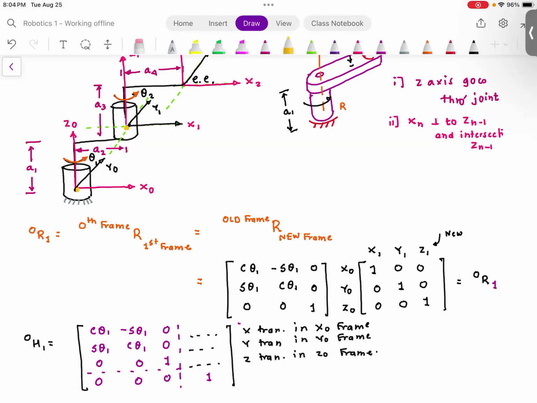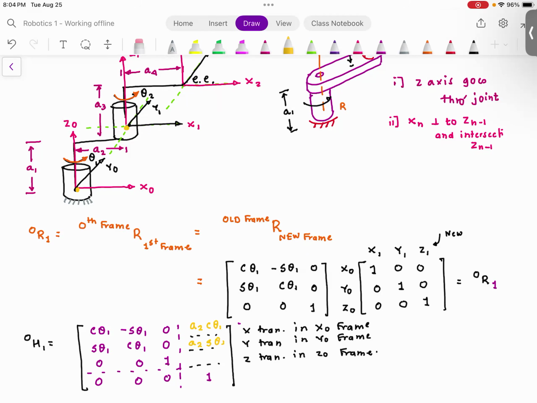So can I write A2 cosine theta 1 here? What would be the distance in the Y0 direction? It would be A2 sine theta 1.